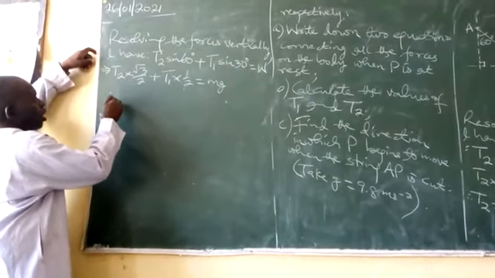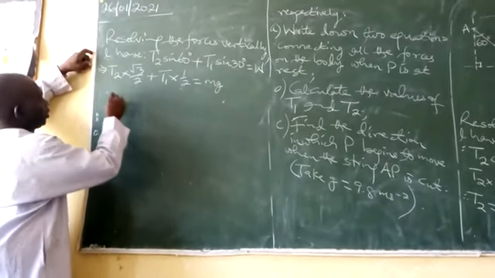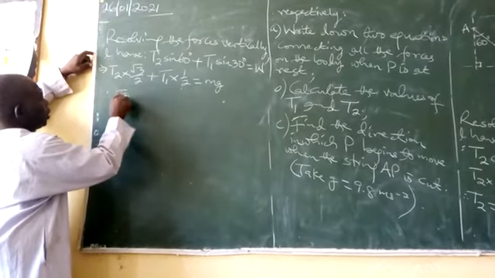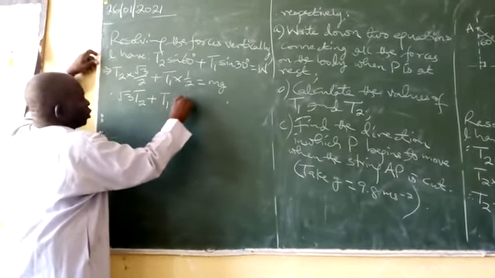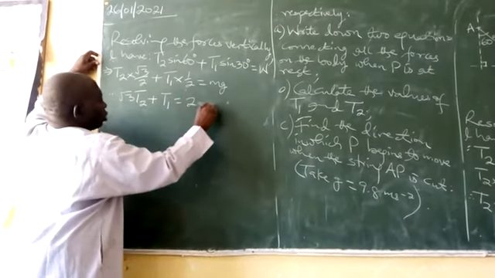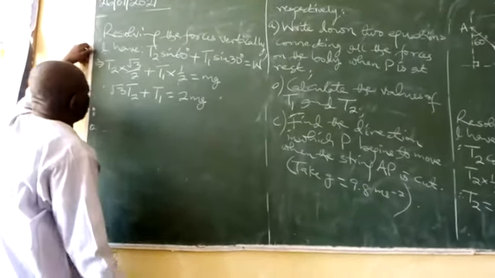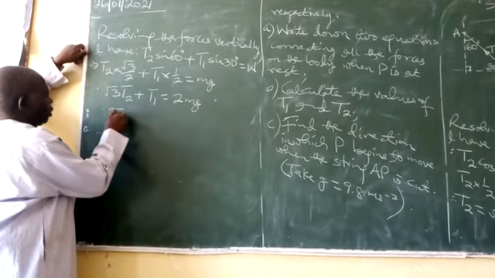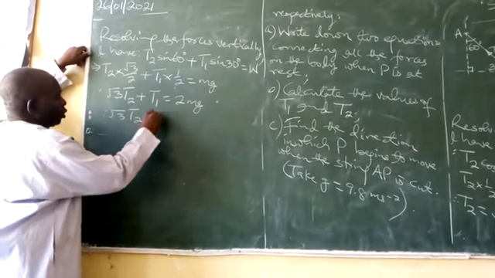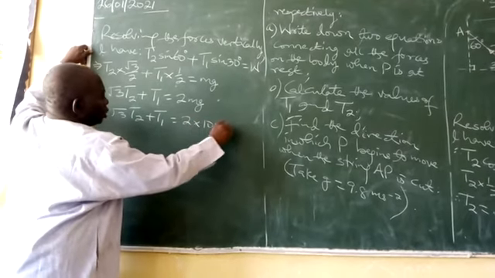Clearing the fraction, I have root 3 T2 plus T1 is equal to 2mg, which is 2 times 10 times 9.8.